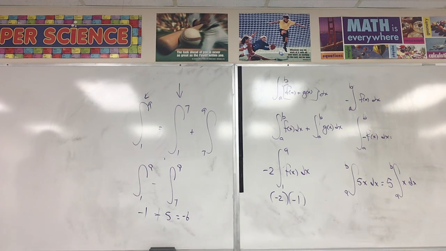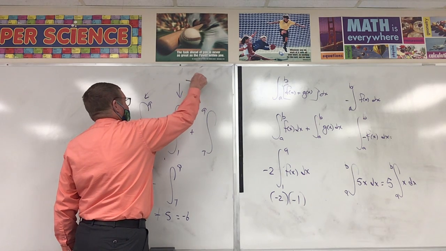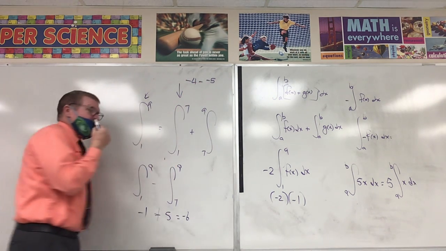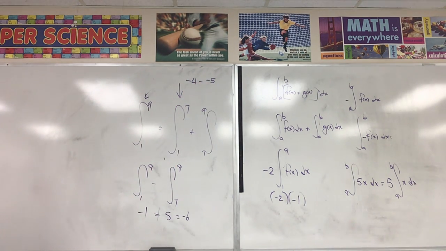It's 5, so it would be negative 5. So therefore I have negative 4 minus negative 5, which would be 1. And that's how we're using our properties to calculate these integrals. Anybody have any questions so far? Okay?